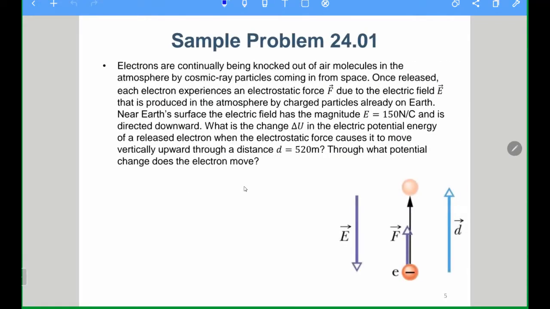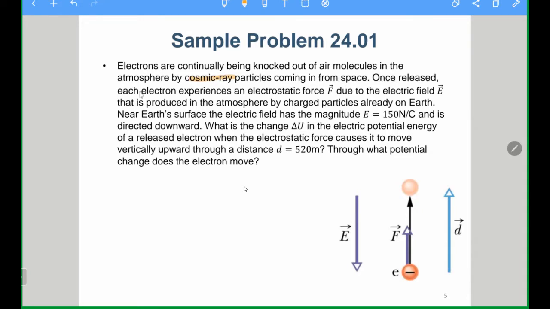Okay, so let's see a simple sample problem. It says electrons are continuously being knocked out of air molecules in the atmosphere by cosmic rays. Air molecules, in the atmosphere, and cosmic rays are some sort of high energy particles coming in from space.